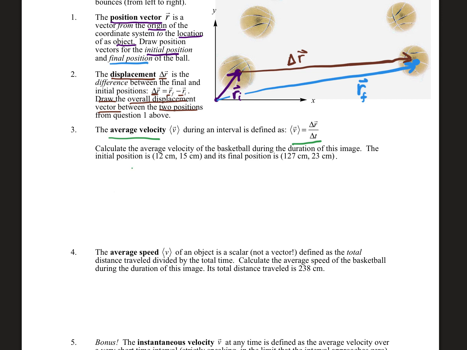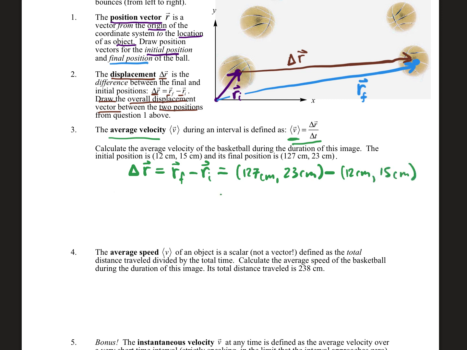So we can write our delta r, because we'll be using this in finding our average velocity. So let's just figure out what it is. It's going to be r final minus r initial, which is equal to the final, 127 centimeters, 23 centimeters, minus the vector 12 centimeters, comma 15 centimeters.